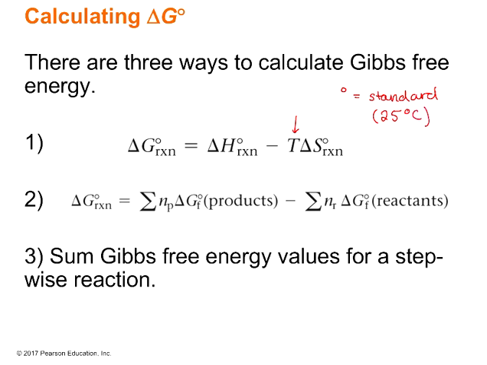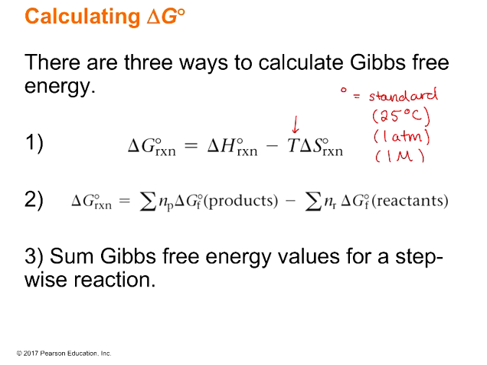And the pressure is usually 1 atmosphere, or the concentration is 1 mole per liter. Now, with Gibbs free energies, we're usually discussing gases, so we would want the pressure to be 1 atmosphere and the temperature to be 25 degrees Celsius.